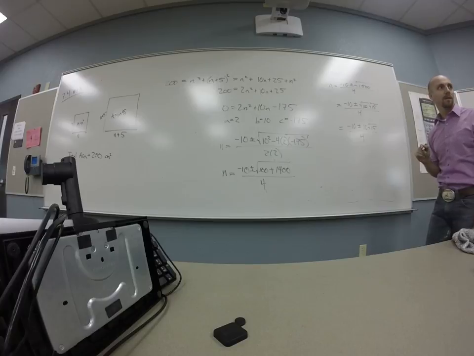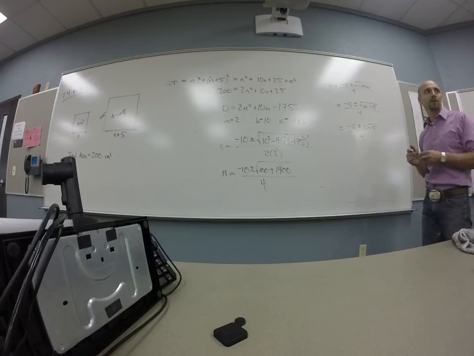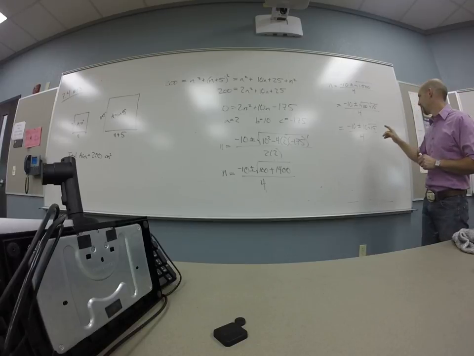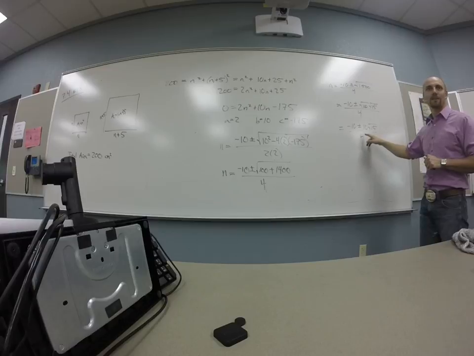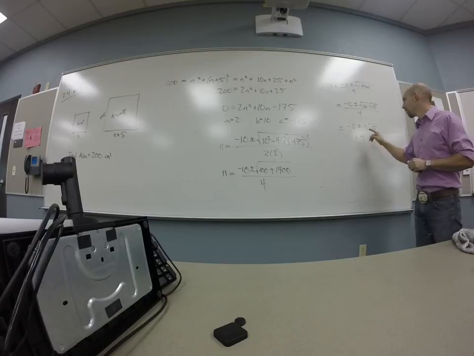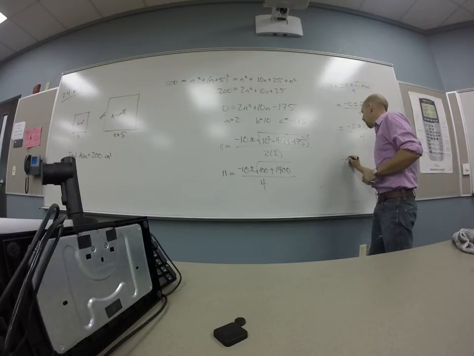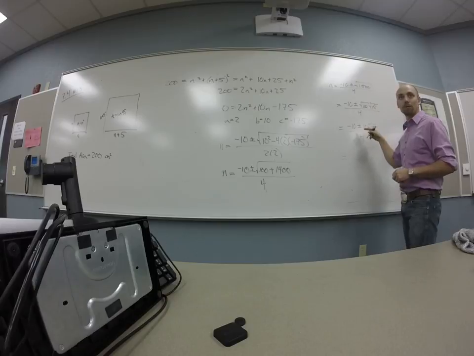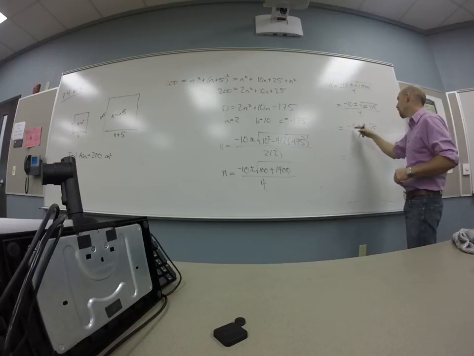What can I cancel? A 2. What do you have to be careful with canceling the 2? Don't do the square root. Wait, you can do 10 divided by 4 and 10 divided by 4? Is that okay? Yep, so we want to remember to cancel a 2 out of both pieces, right? Really, I have to remember to factor a 2 out of the top before I cancel it.